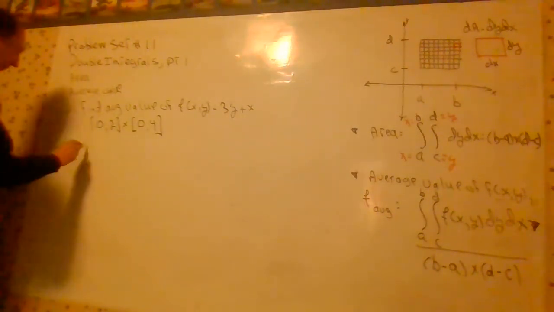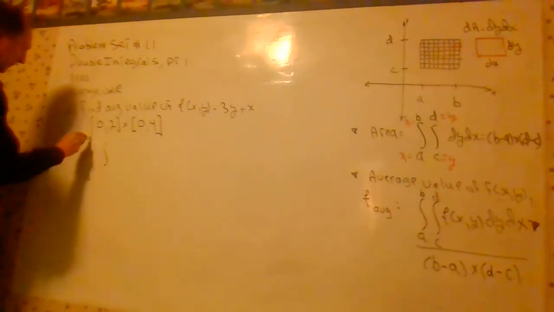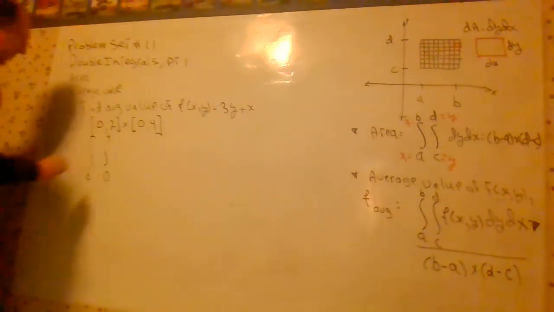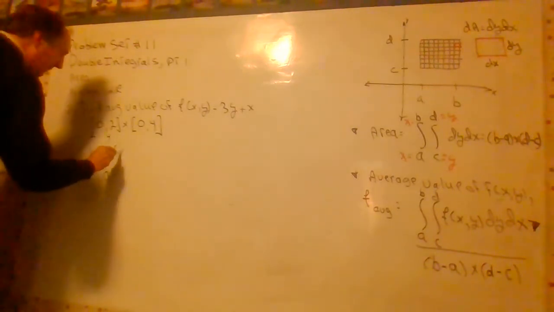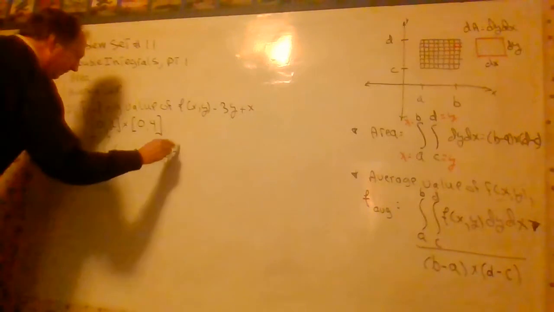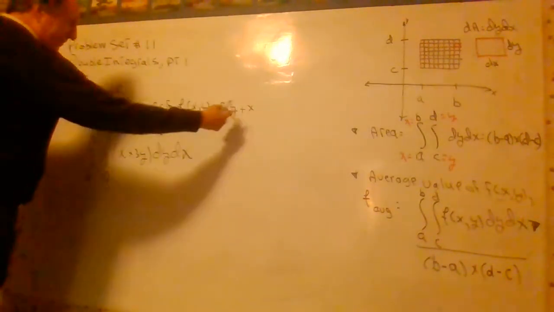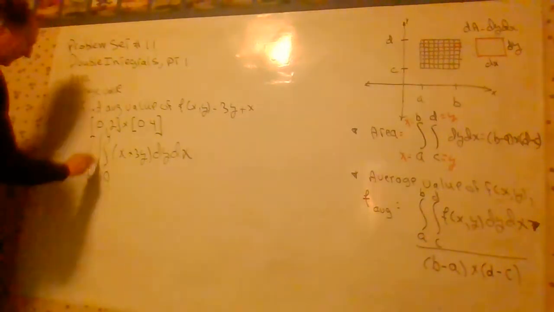So we are going to do a double integral, first of all, 0 to 2, 0 to 4, and you can put this alphabetically in order if you wish.